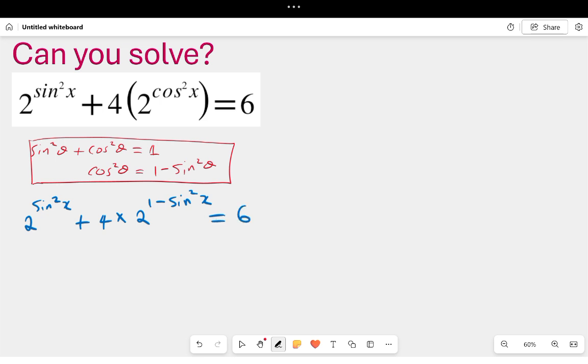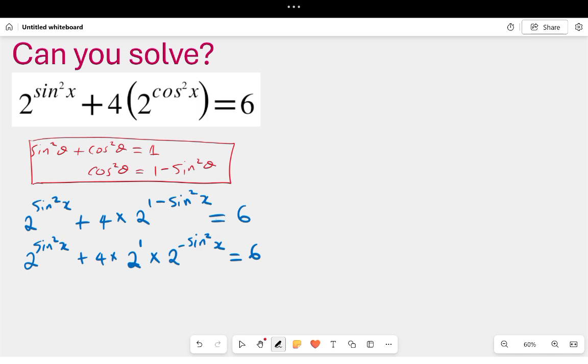Simplifying, we get 2 sine squared x plus 4 times 2 to the power 1 times 2 to the power of negative sine squared x is equal to 6.